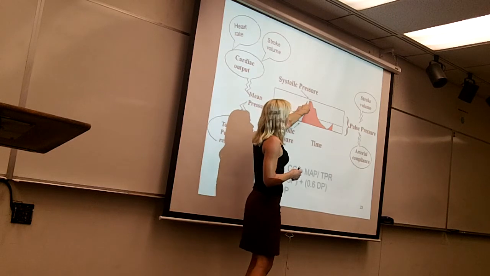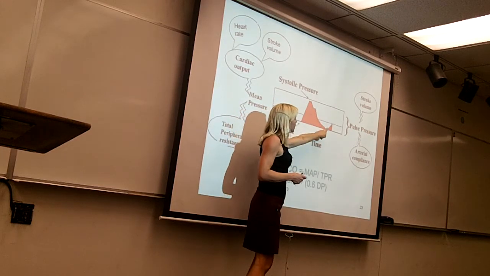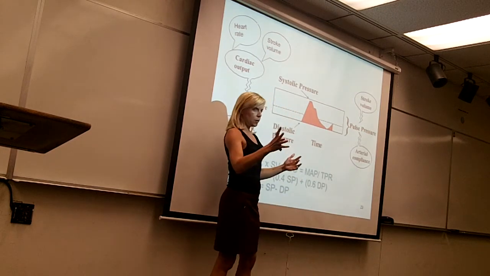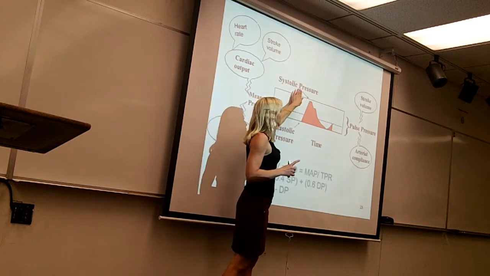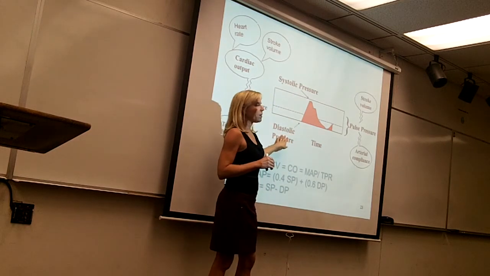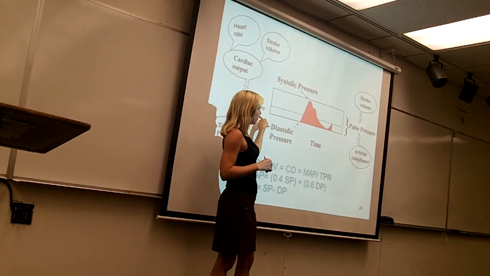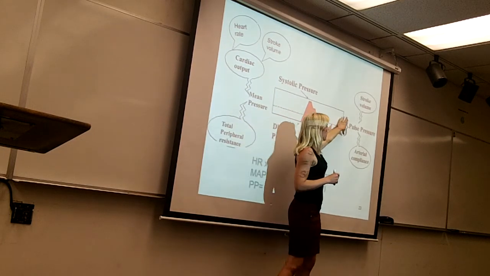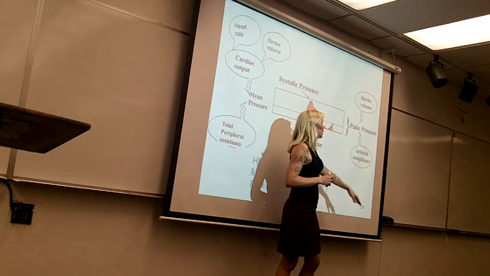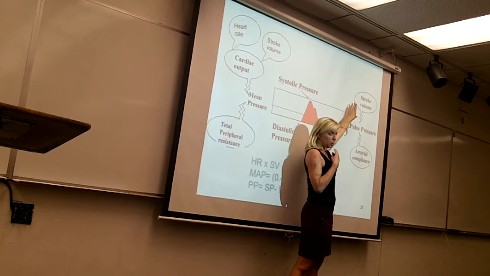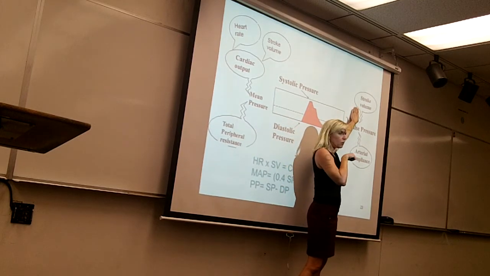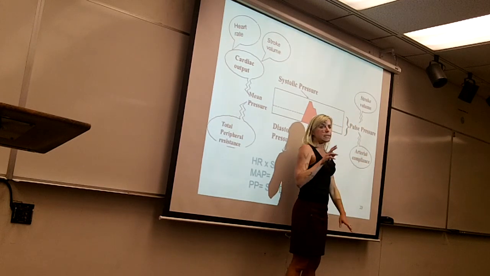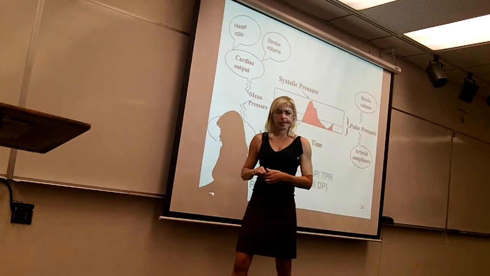The difference between systolic pressure and diastolic pressure, of course, just to say it again, we use a weighted average of these to calculate mean arterial pressure. But if we take the simple difference between them, that calculates pulse pressure. What can influence pulse pressure? Stroke volume or decreased arterial compliance.